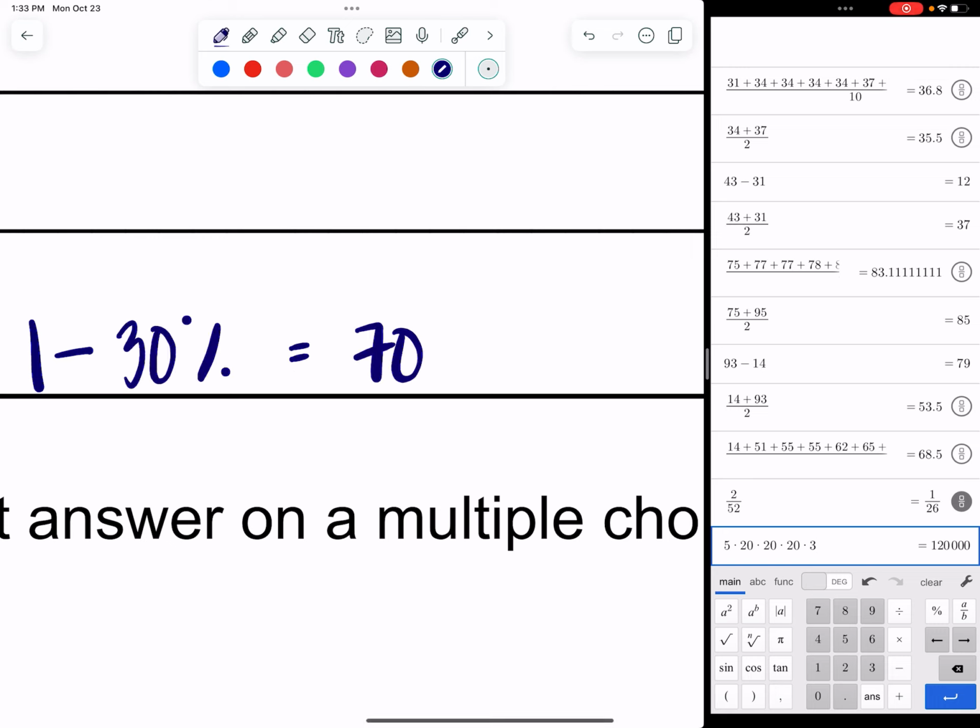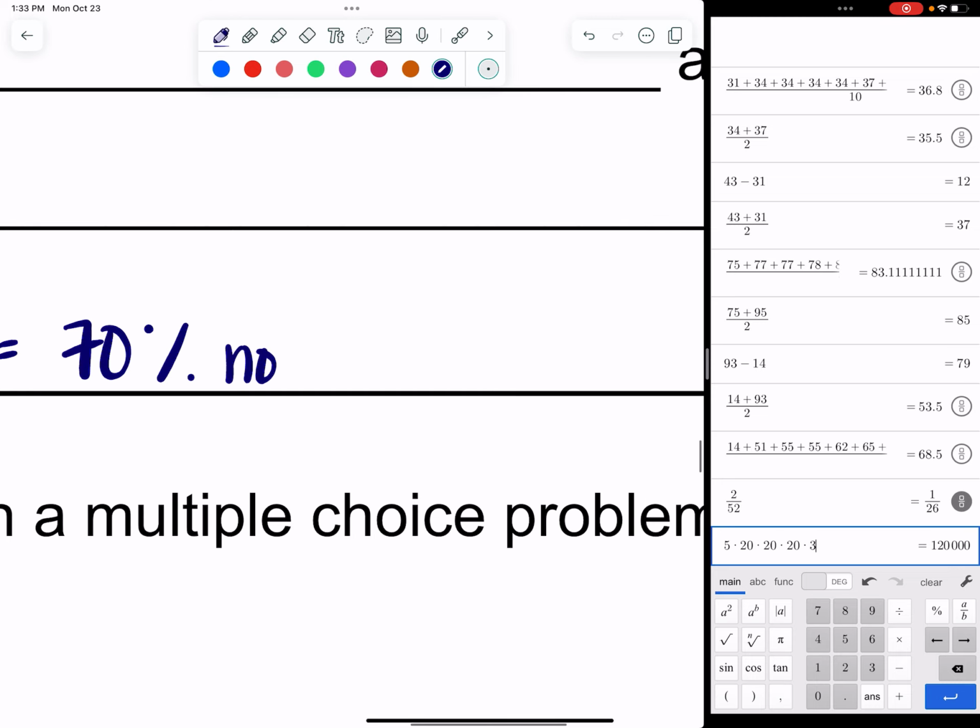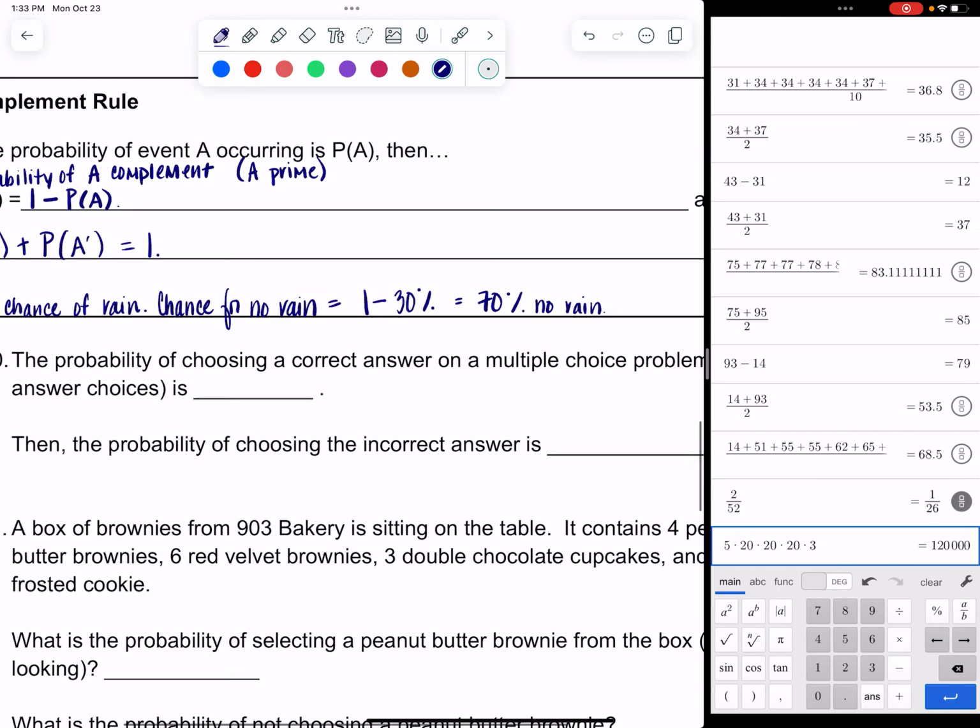So you would have a 70% chance of no rain. That's kind of how the complement rule works.